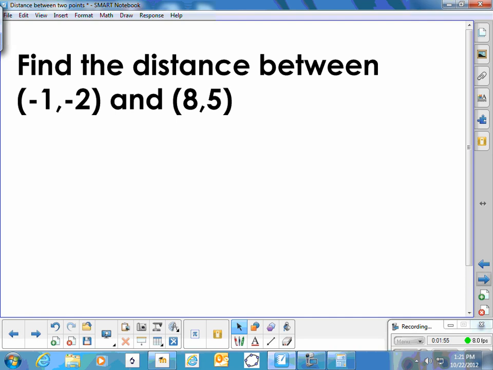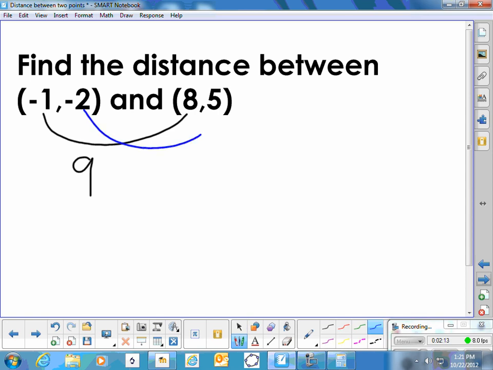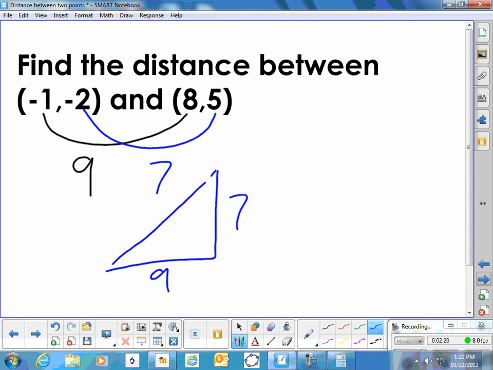So let's try that on another one. The distance between -1, -2 and 8, 5. Well, going from -1 to 8 is a distance of 9. Going from -2 to 5 is a distance of 7. So we have a triangle with a side of 9 and 7. So one side squared plus the other side squared equals x squared.